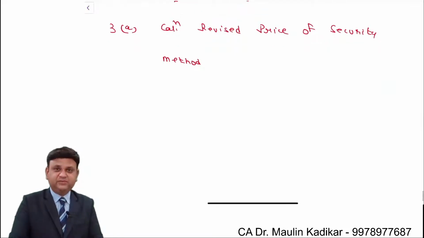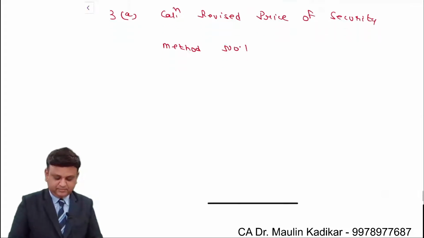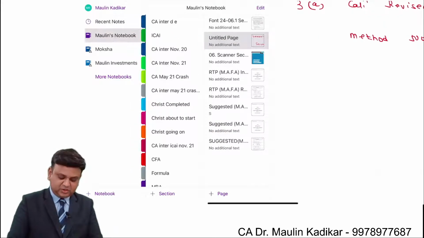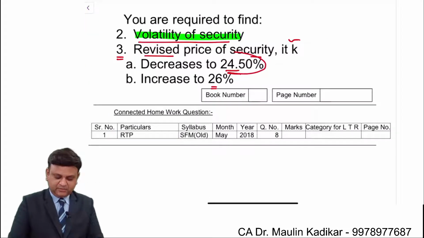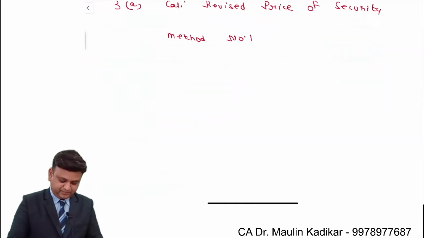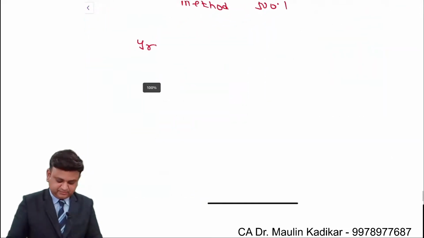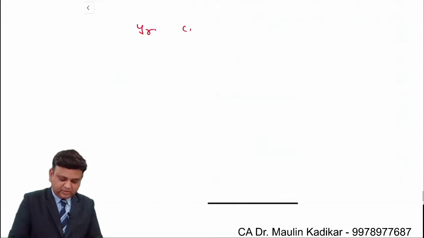There are two methods by which we can do it. Method number 1: the cash flow series will be discounted with the revised cost of capital. What is the revised cost of capital? 24.5%. So what will happen? Column number 1 is year. Column number 2 is cash flow.